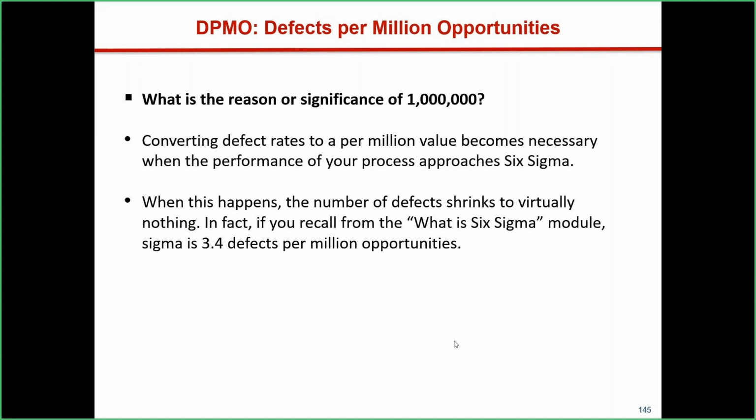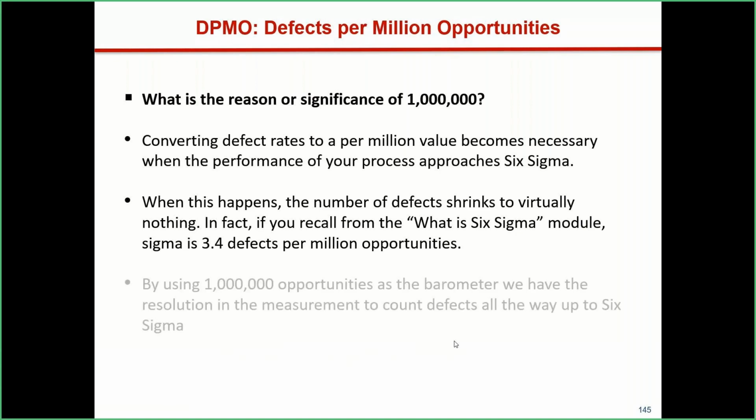In fact, if you recall from the What is Six Sigma module, Six Sigma is 3.4 defects per million opportunities. By using 1 million opportunities as a barometer, we have the resolution in the measurement to count defects all the way up to 6 sigma. Okay, that's the reason a million is used as a benchmark in DPMO calculation.